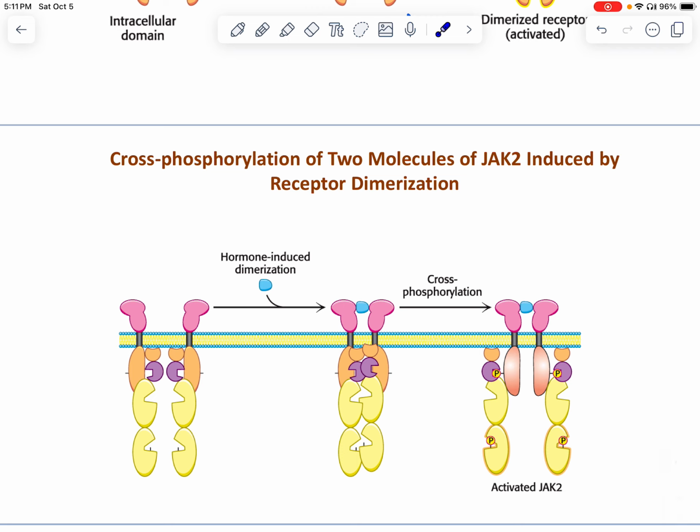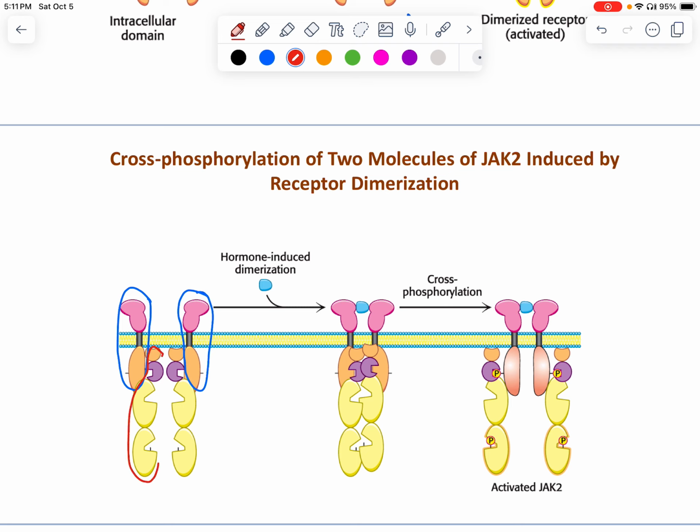Here was my monomer unit right here, and here's the other. These are my receptors with their extracellular and intracellular regions. And then I have this kinase that associates, is attracted to, and stays close to the intracellular piece of my receptor.